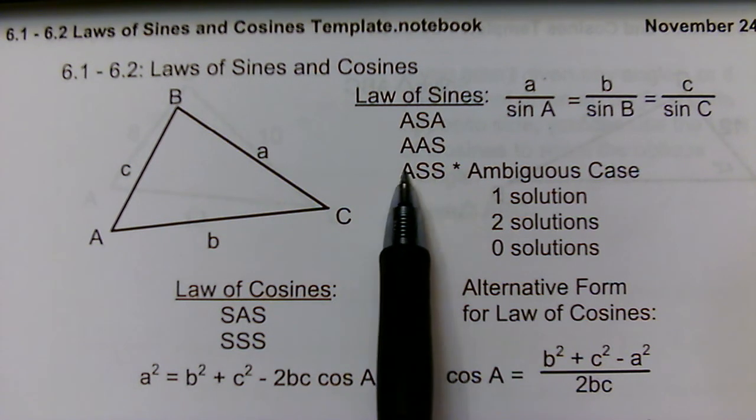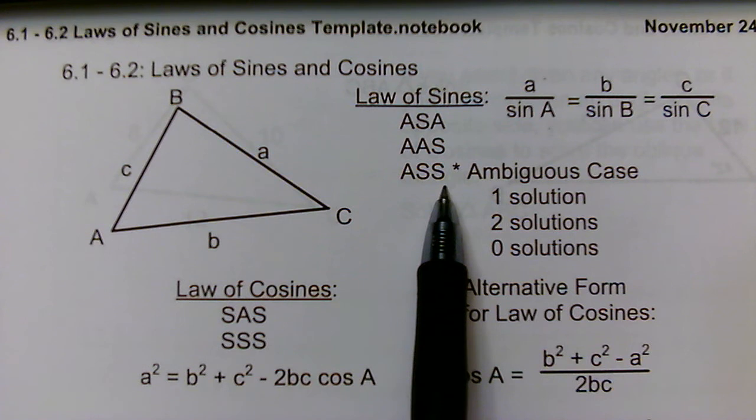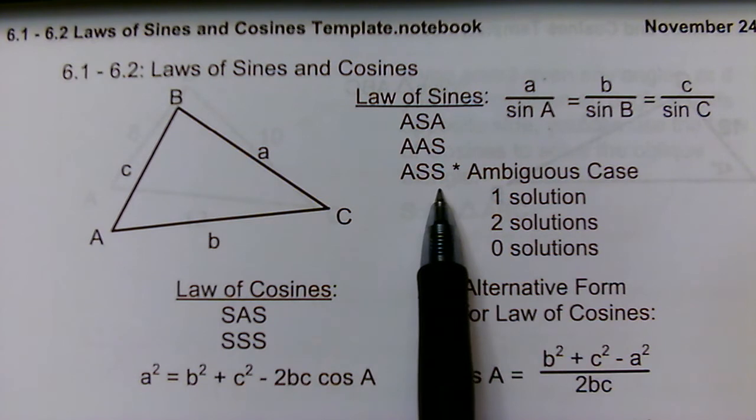So ASA, AAS, and ASS, which I put in that order on purpose because remember, when you learned about congruence of triangles, ASS did not prove two triangles are congruent.